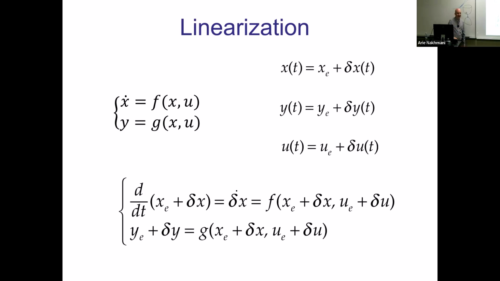Is it plus or minus small delta change, or is it just plus? Plus or minus. I mean, delta u or delta y or delta x might be negative. It can be negative too. Sure, it could be positive or negative. It's like small fluctuations around that point. So you are close enough, okay?